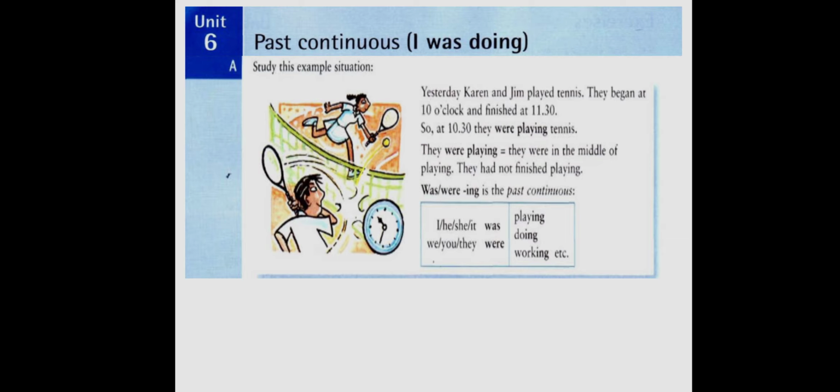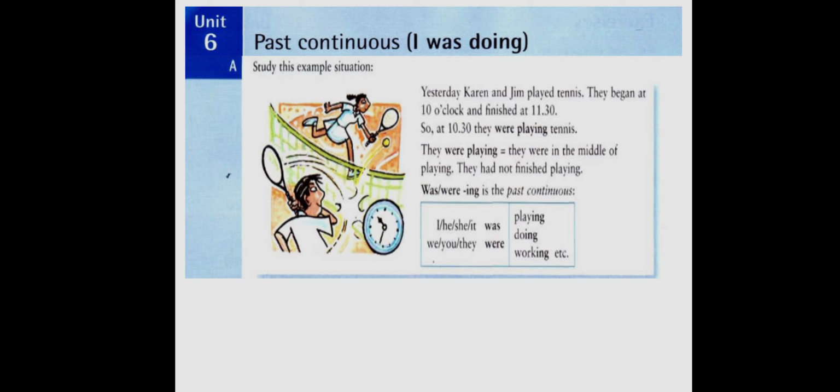So was or were plus verb plus ing is the past continuous. I, he, she, and it take the helping verb or the auxiliary verb was, and then comes the verb plus ing. I was playing, he was playing, she was playing, it was playing. We, you, they, plural, take the auxiliary verb or the helping verb were, then comes the verb plus ing.